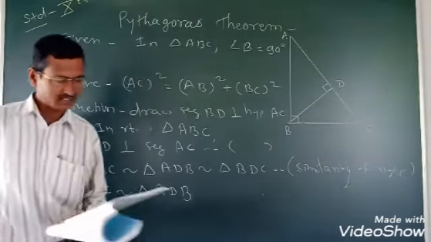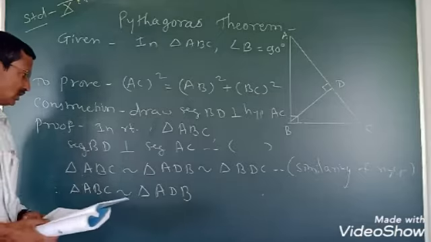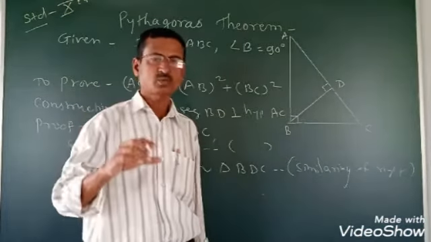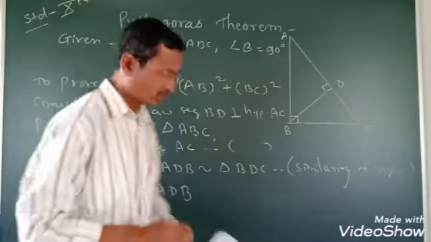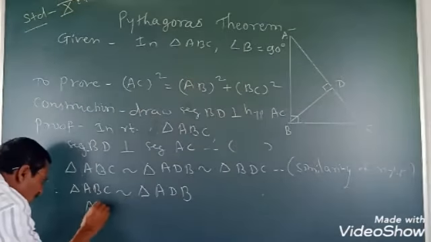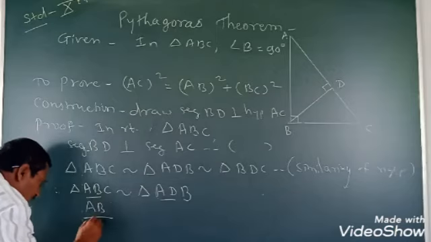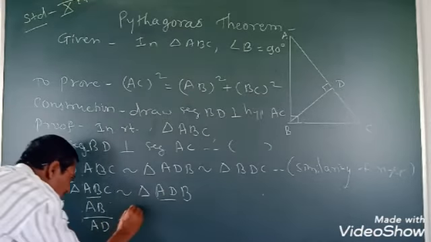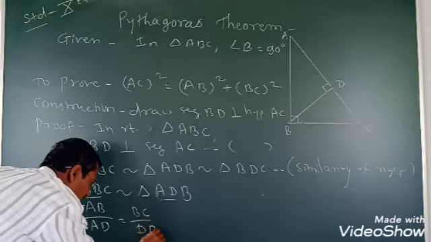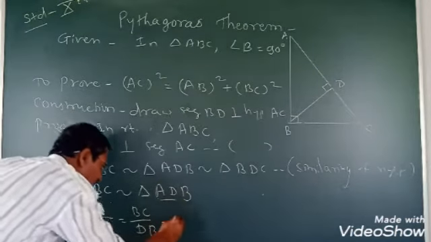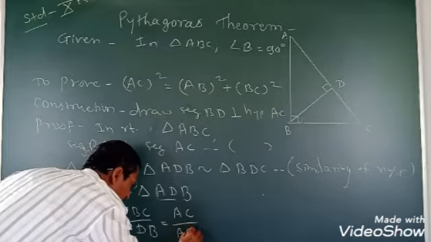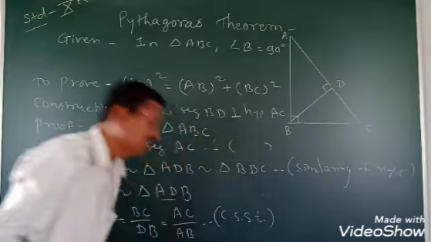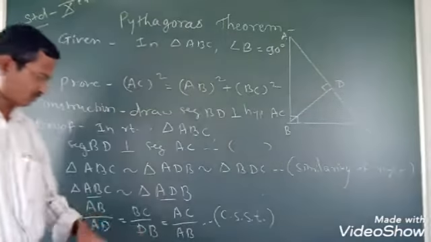We have selected only two triangles and compare them. If two triangles are similar, then their corresponding sides are in proportion. By using this property, AB upon AD is equal to BC upon DB, also equal to AC upon AB. Corresponding sides of similar triangles, CSST.